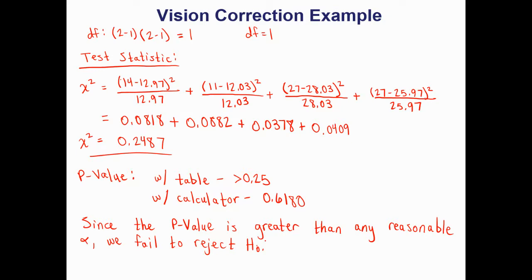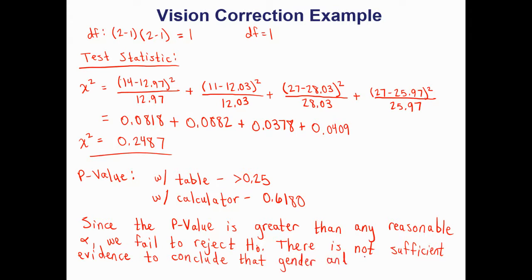H not. Then we can say there is not sufficient evidence to conclude that gender and vision correction are, yeah, you can say dependent or you can say are associated.